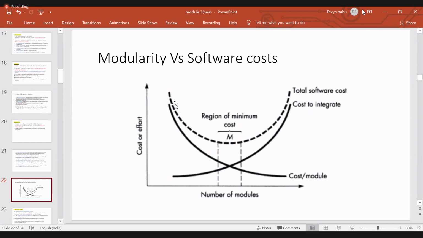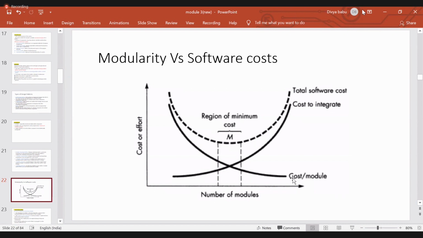So when the number of modules are less, the effort we take to integrate is less, but per module cost is high, because more people are working for a longer period of time, since the modules are very complex.